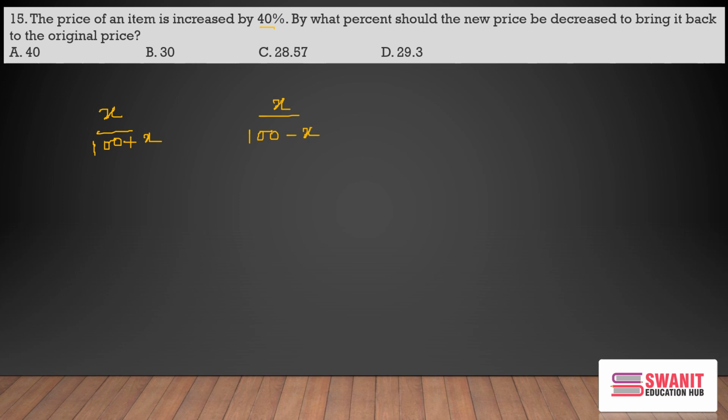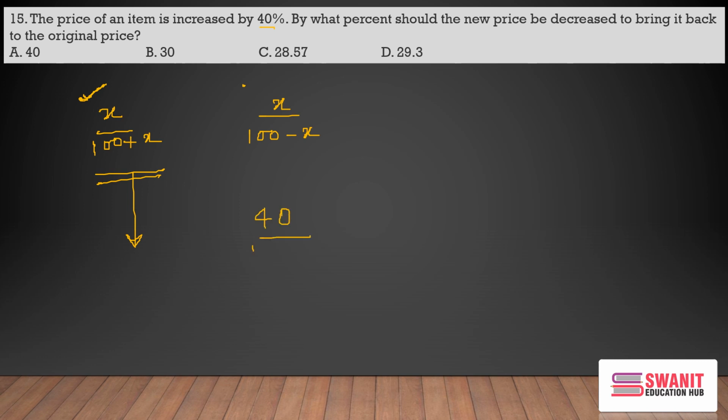Now over here, the price of an item is increased by 40%. So by what percent should the new price be decreased? Now when we are talking about decreasing the price, look at these two formulas. This formula will give me a smaller value as compared to this one. And hence, I have to use this formula wherein my x over here is 40.